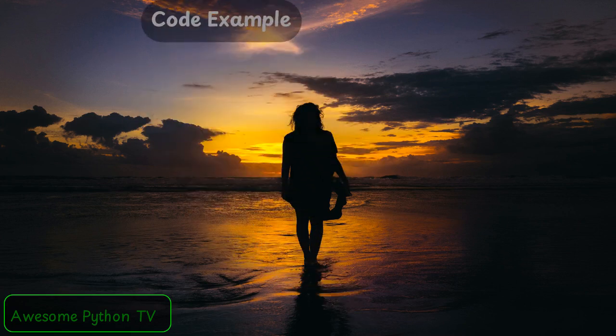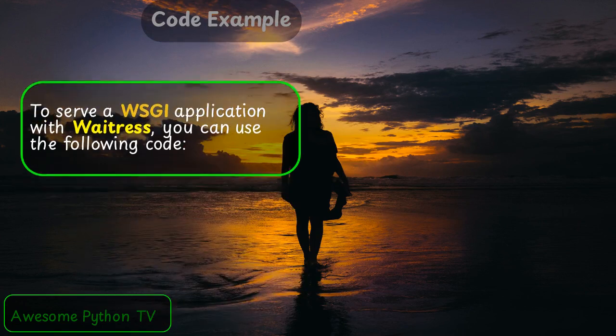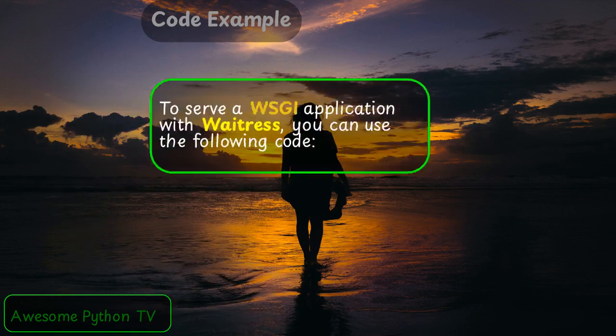Code example. To serve a WSGI application with Waitress, you can use the following code.